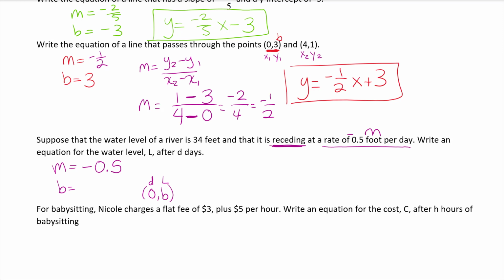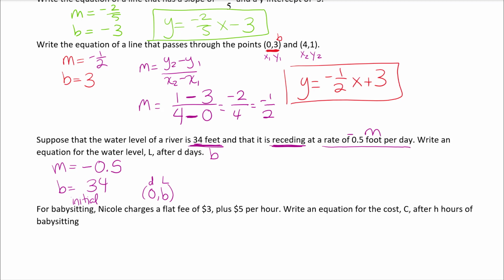So we're actually talking about a starting point or initial water level. So let's read it again. Suppose that the water level of a river is 34 feet. So that's what the initial value is. So 34 is my height of the river at 0 days, and in fact, just where it's starting right now. So my b is 34.